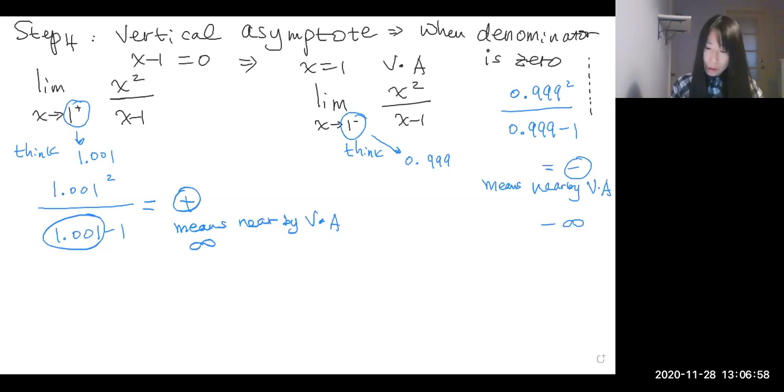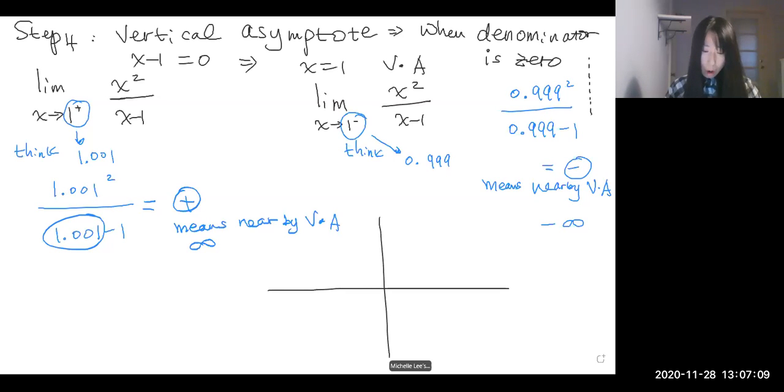So we should remember this one from the right. Let me draw quickly. So this is 1, and we have a vertical asymptote there.